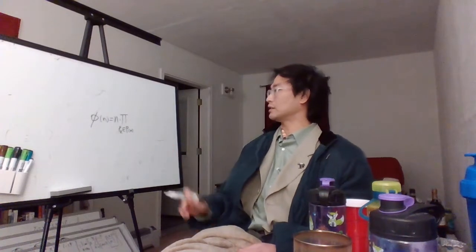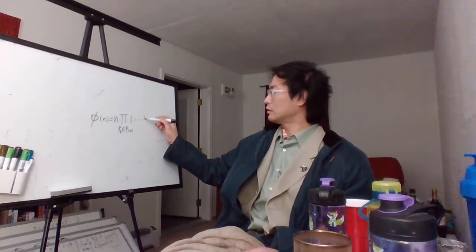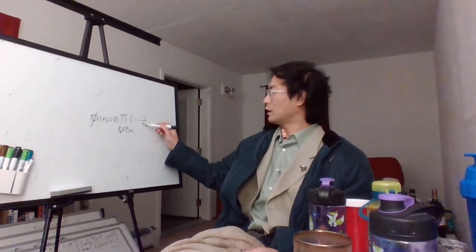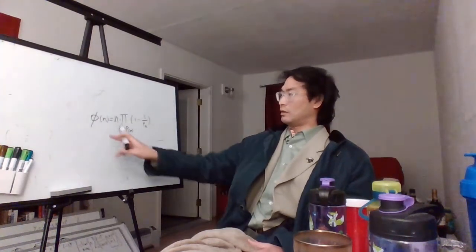And then 1 minus 1 over pk. You multiply that and then that's the phi of n.